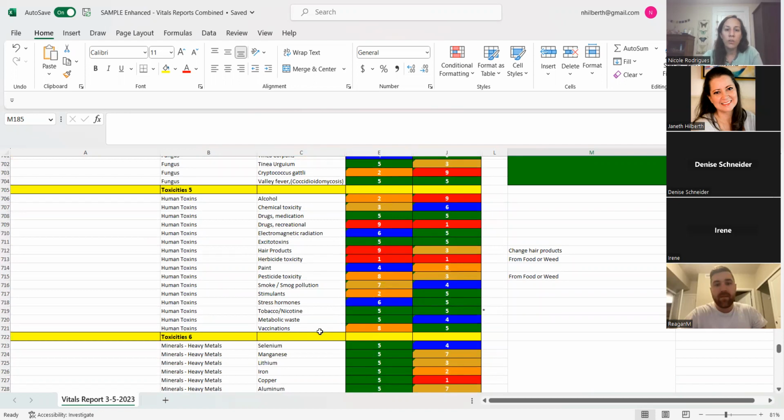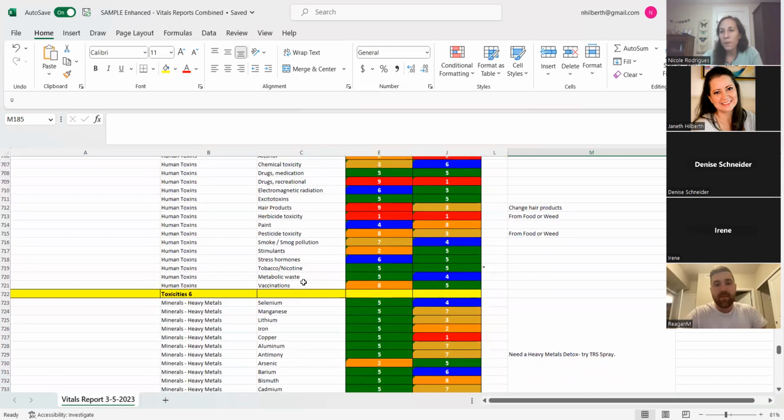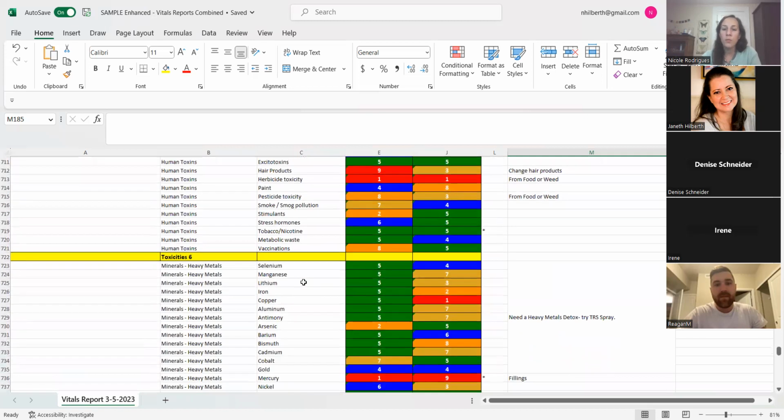This particular client was using CBD oils, and ironically, the herbicide toxicity and pesticide toxicity was showing up. So there you go. You have to be careful where you're sourcing those things from as well.